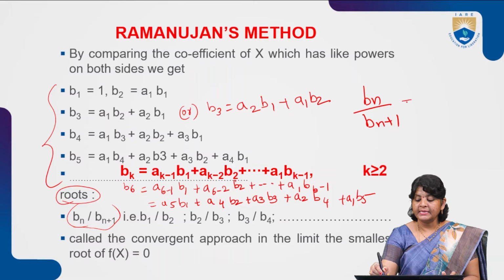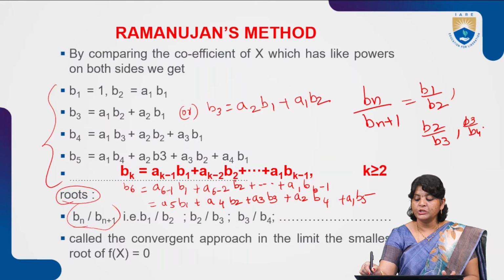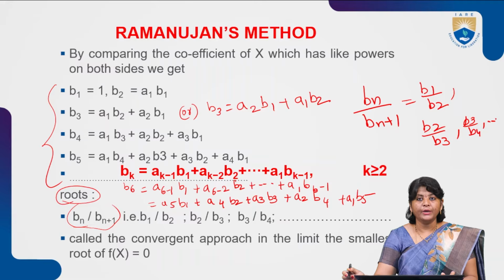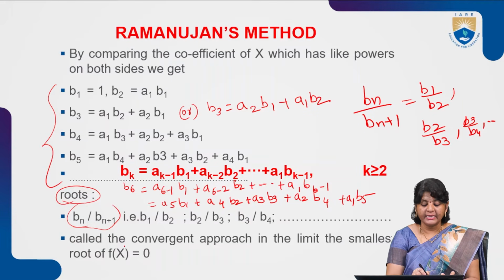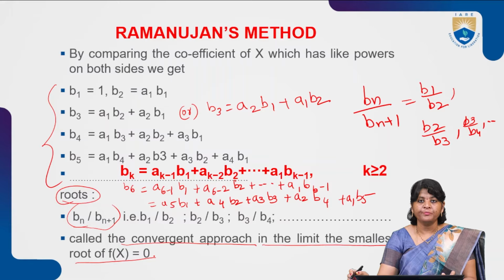That means b1 by b2, b2 by b3, b3 by b4 and so on. This gives the root value, or we can say this is called the convergent approach, in the limit the smallest root of f of x equal to 0. To find the smallest root, Ramanujan's method is used.